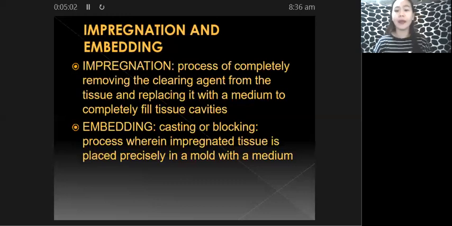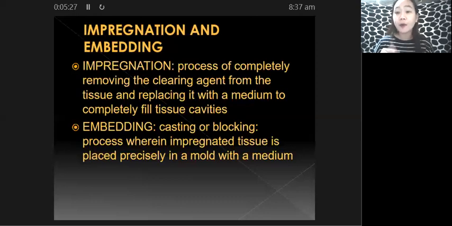So what are the purposes of impregnation? We perform these procedures for several purposes. Number one, just like what is mentioned in its definition, one purpose is to remove the clearing agent.